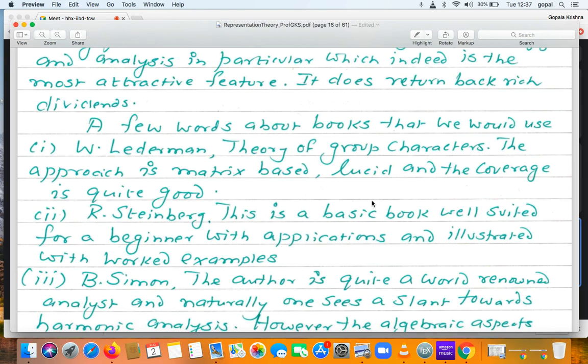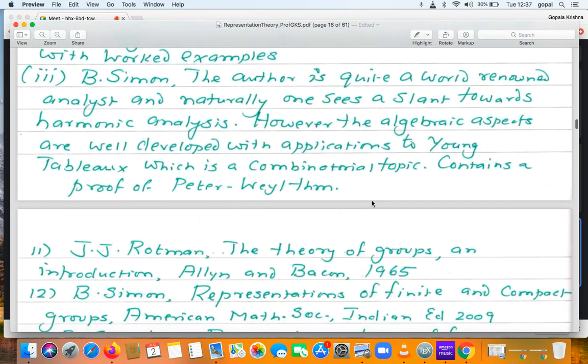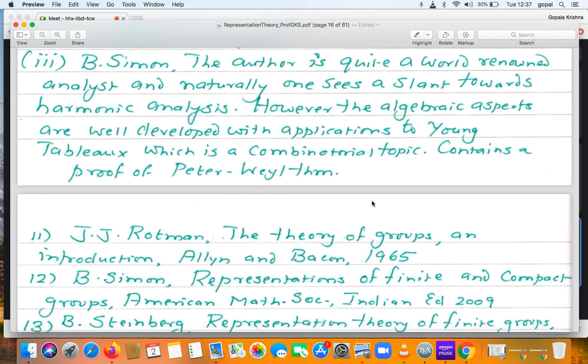Then we have this book by Barry Simon. Barry Simon is a very powerful and world-renowned analyst. And so here we see an introduction to an algebraic subject from the analyst's perspective, but you begin to feel a certain slant towards harmonic analysis, which is natural.